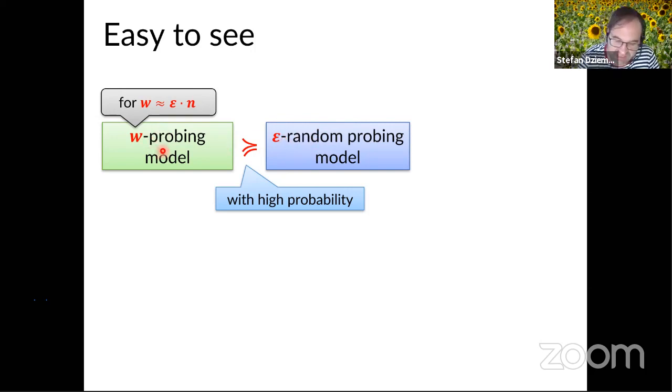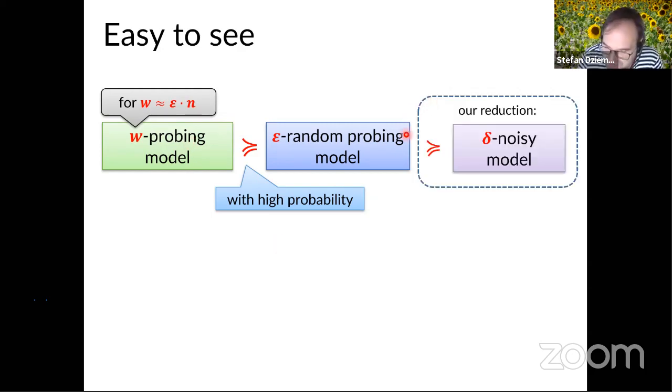In this model, he gets an epsilon fraction of wires that he can choose himself. Of course, it's all probabilistic, so that's why I'm saying with high probability and approximate. But essentially, if you have enough probes, you can emulate this epsilon random probing model in the standard probing model.